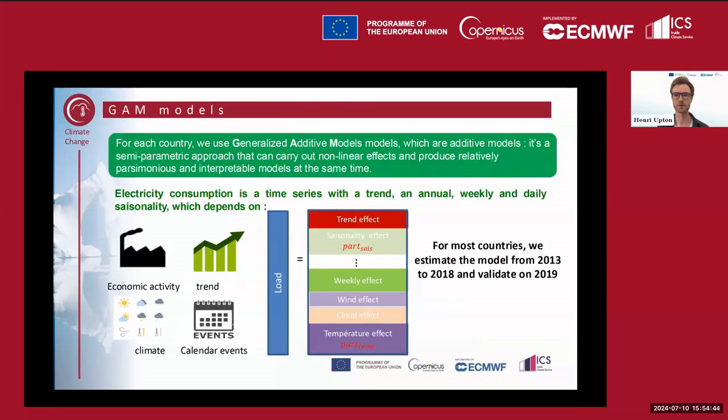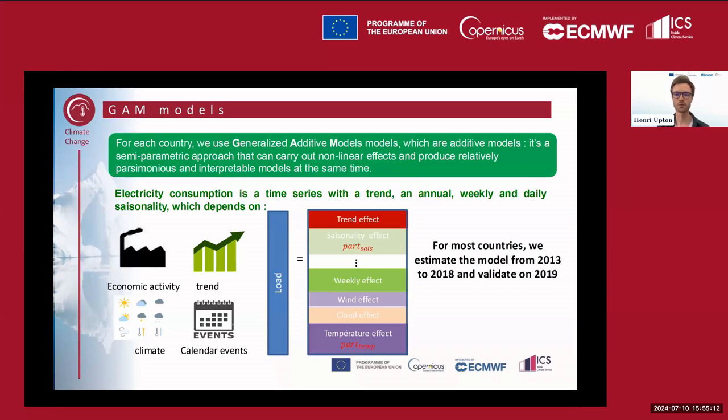To speak now about the typology of model: the GAM model is a semi-parametric approach that is composed of nonlinear effects. We aim to represent our target, here the load, with different interactions of variables.